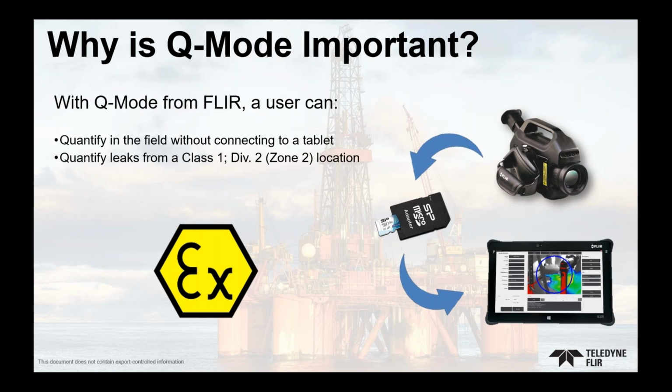And by opening that up, you are compromising the 8x. So it is very important to have Q mode available to you so that you can go on site and maintain that 8x classification within the camera.